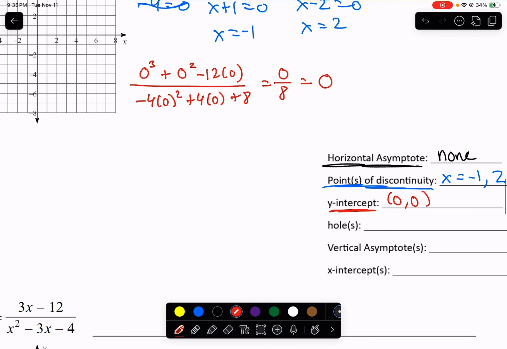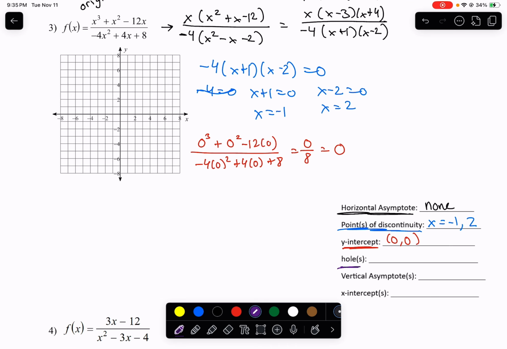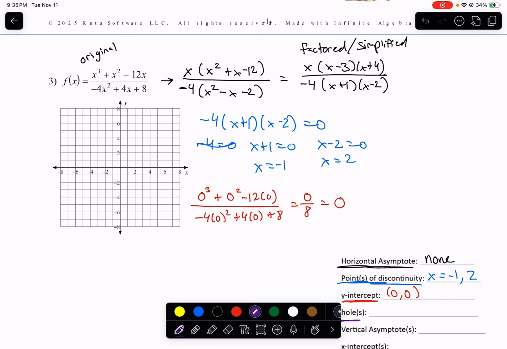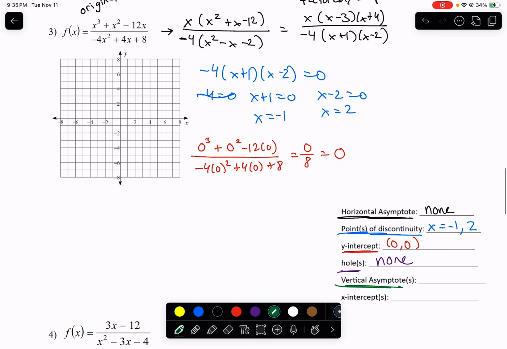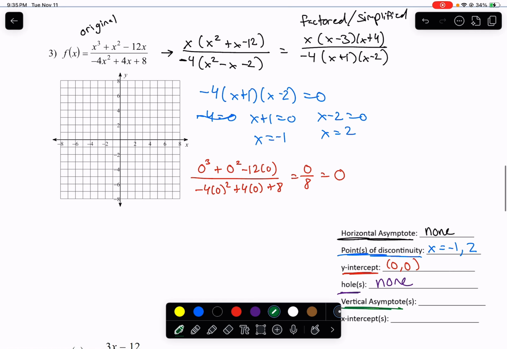All right. Now, to find our holes, we need to see what canceled. But guess what? Nothing canceled, right? So we don't have any holes. We would put none. To find our vertical asymptote, you set the denominator of your simplified version equal to 0. Now, in this case, our simplified is our factored form.